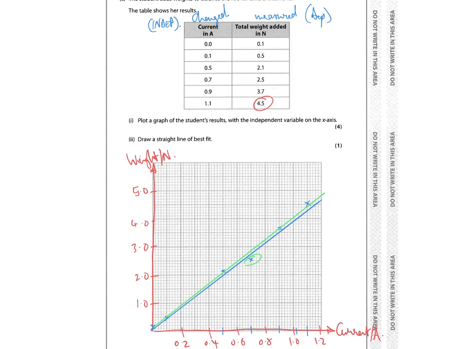We have approximately, most of these things are sitting on the straight line, so this triangle here is going to be 1.1 and 4.5.